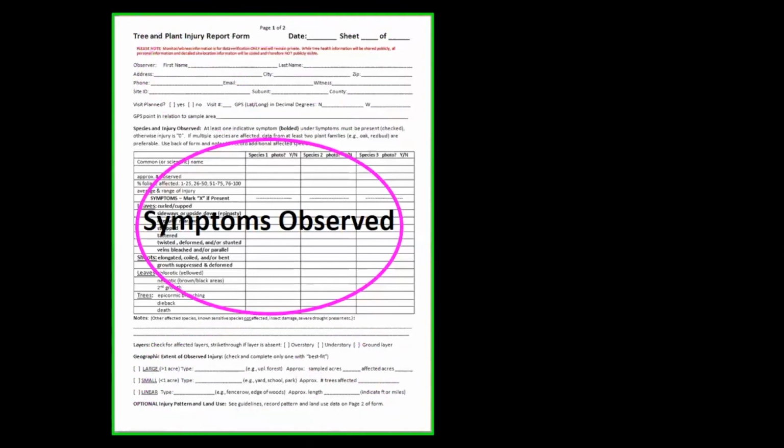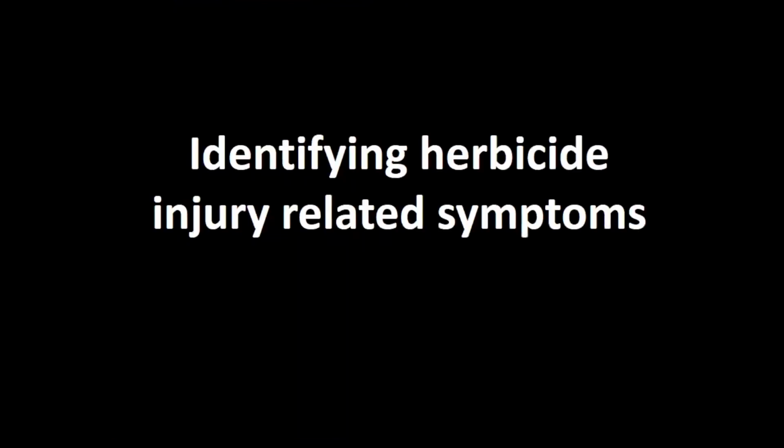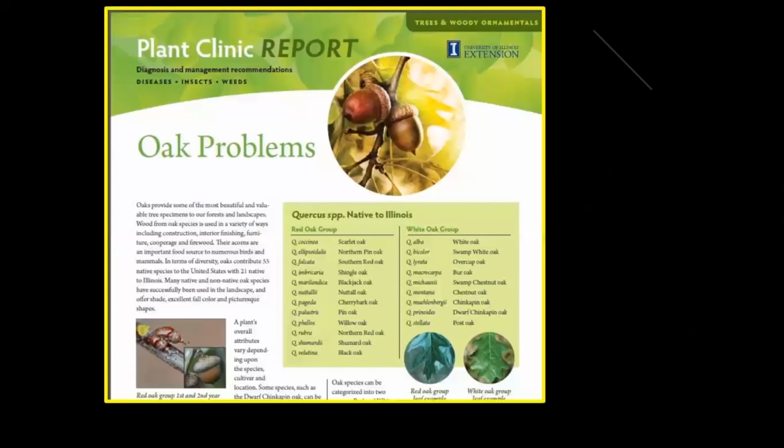We'd like to look at the symptom information right now and how we would go about filling this data in. Okay, so what we're looking for here, we will be identifying herbicide injury related symptoms. These are the symptoms that we're looking for. And our symptoms come from a variety of sources.